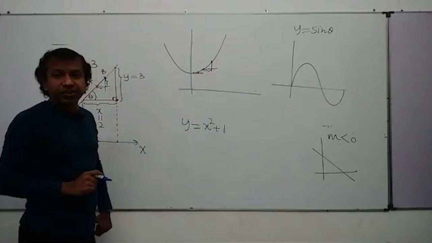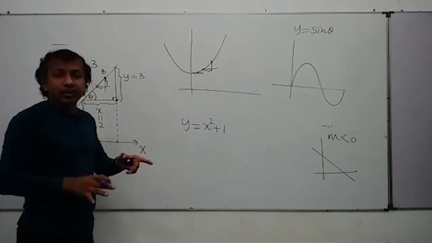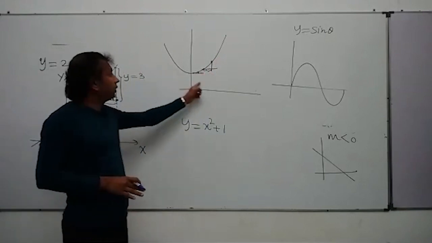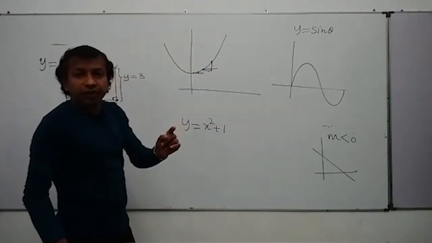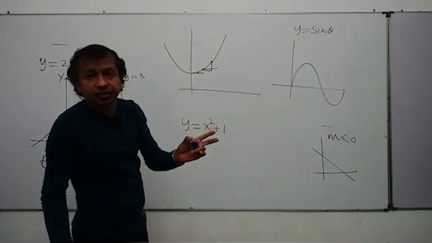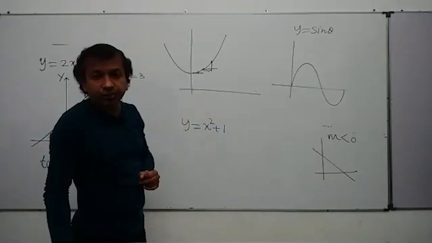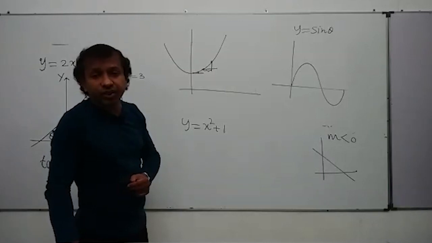Then you can understand that when the graph is not a straight line but a curve, the rate of change of y as we move along the graph changes from place to place. The gradient changes. Dy by dx changes, since gradient means dy by dx.